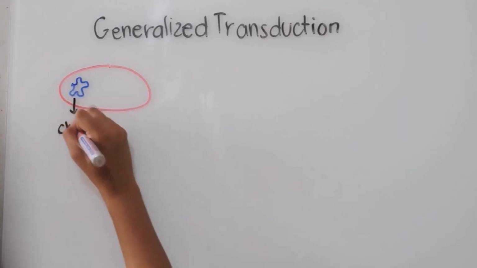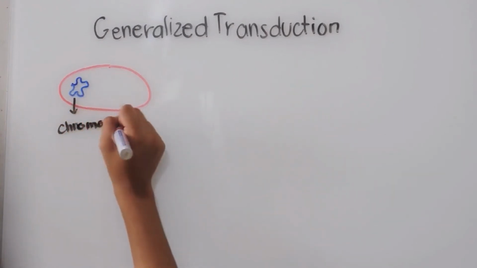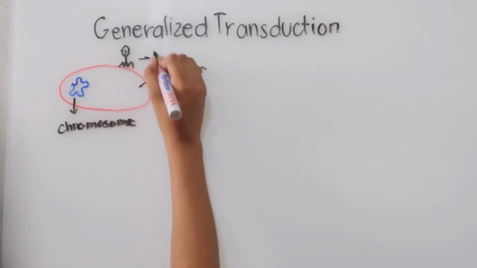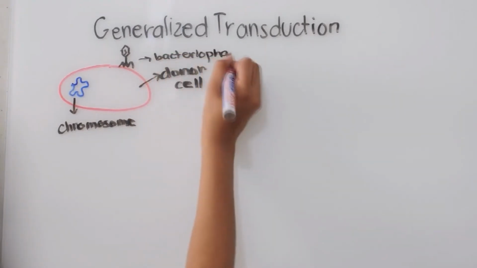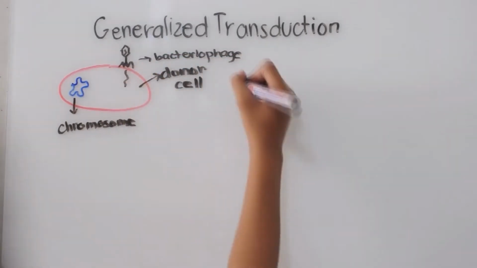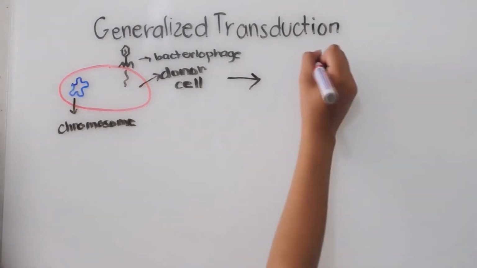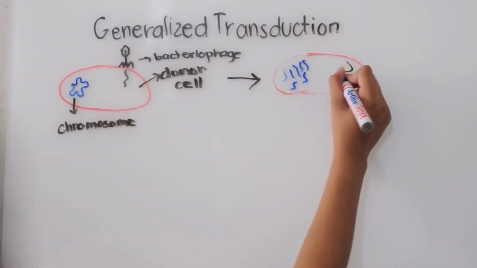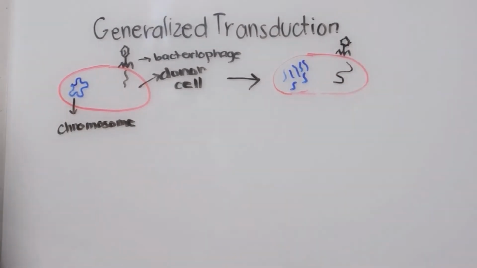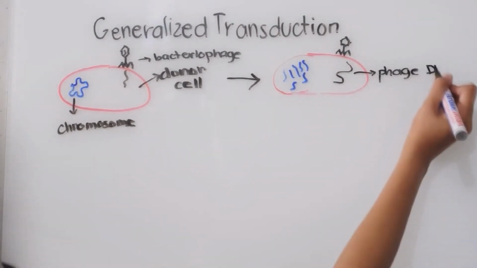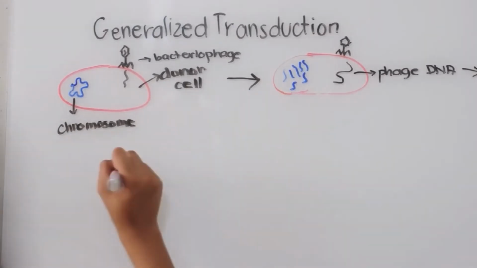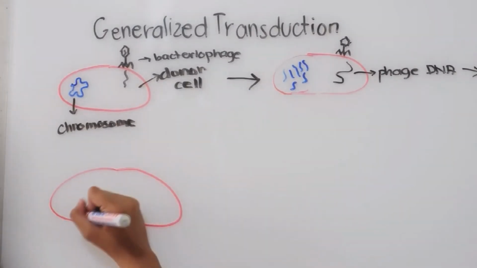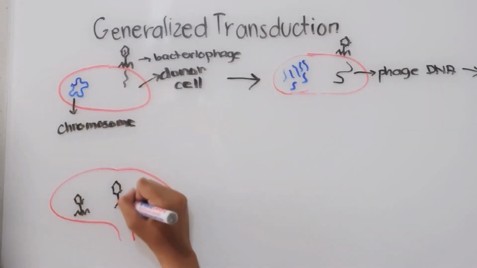Then, the host cell DNA is broken down into smaller pieces. Proteins and phage DNA are also synthesized. Next, the bacterial host DNA is packaged in one of the viral capsids that are released through lysis of the bacterial cell.